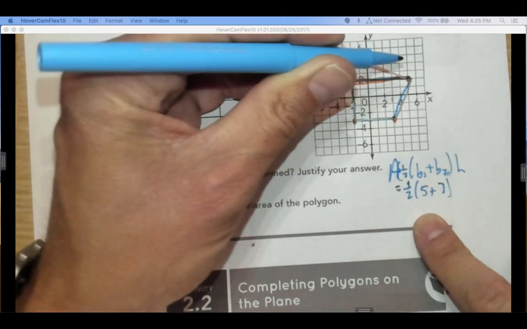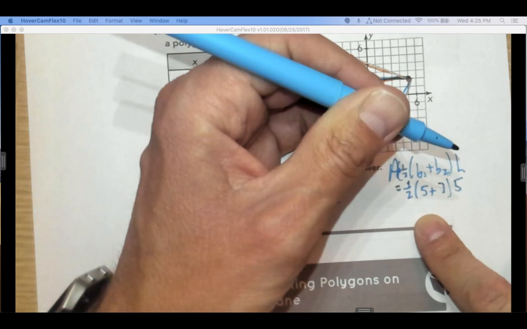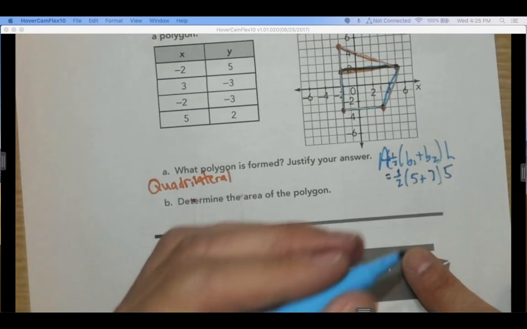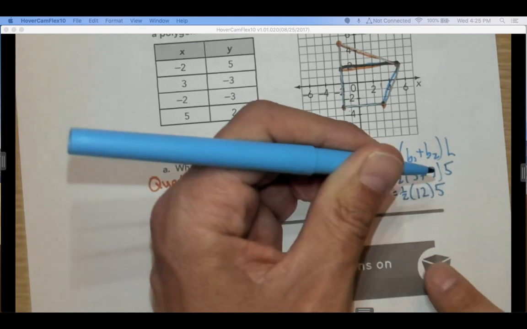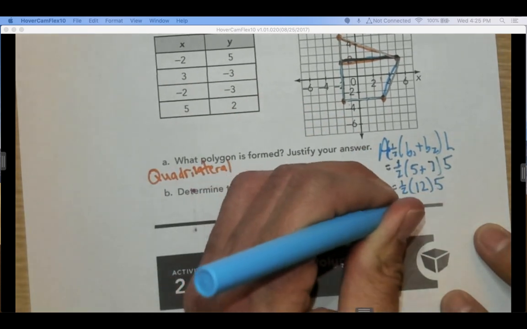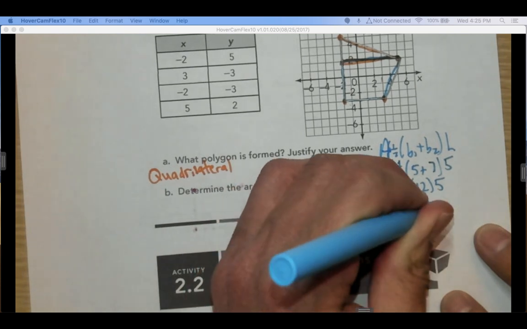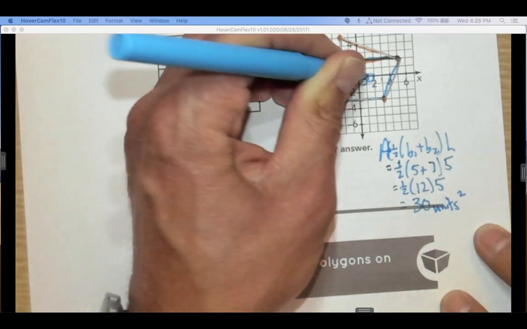The height of this is 1, 2, 3, 4, 5 units. And so it would be 1/2 times 12 times 5, or 6 times 5, which would be 30 units squared, which is just going to be the bottom section.